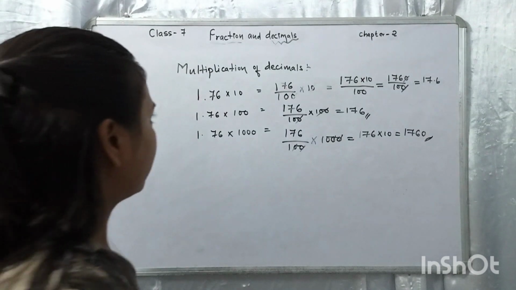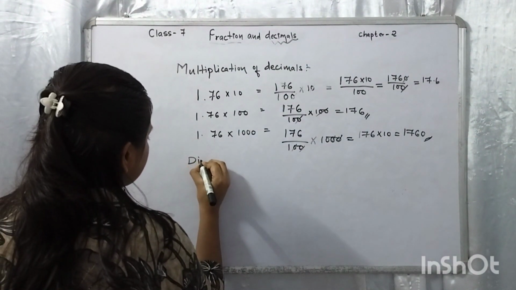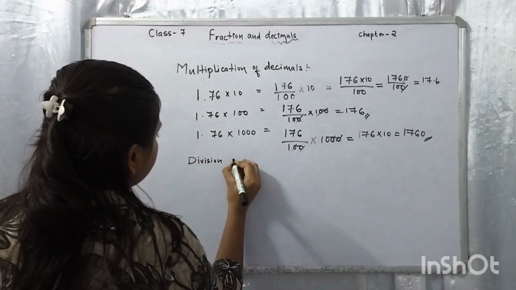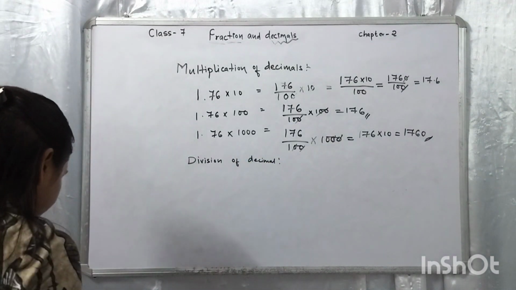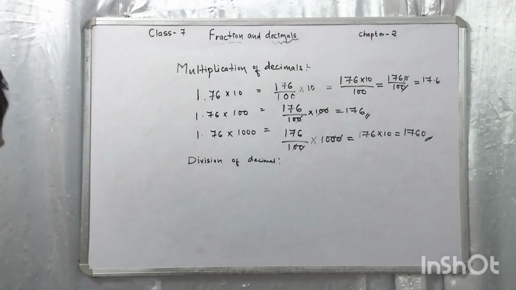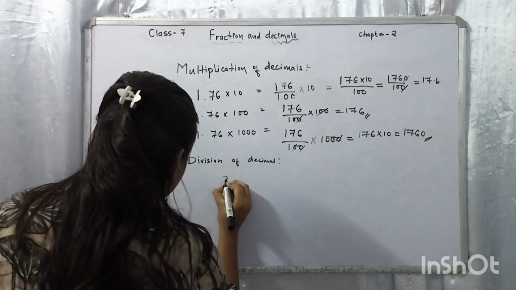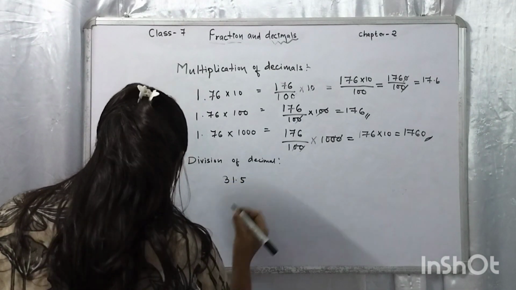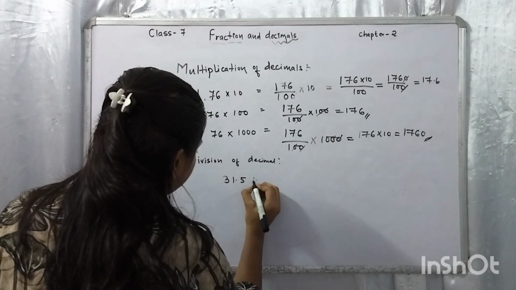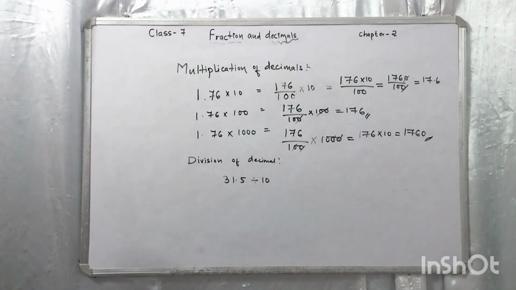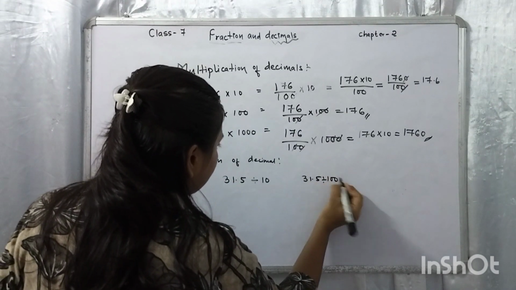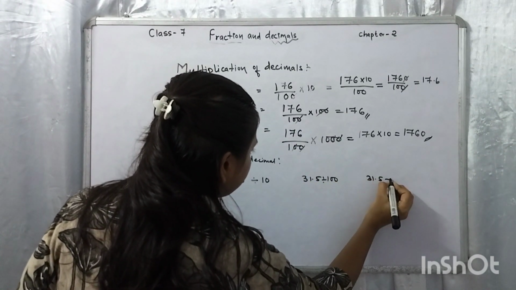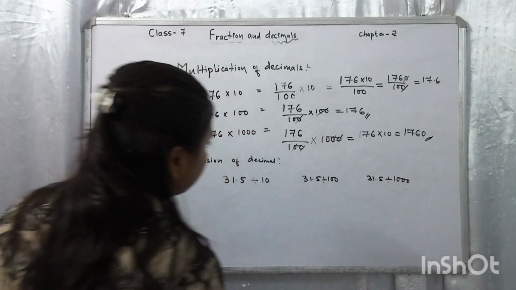Now moving forward to division. We studied how to multiply decimals. Now we will study how to divide decimals. So, division of decimals by 10, 100 and 1000. As I taught you earlier, if you have to divide 31.5 with 10, 31.5 with 100 and 31.5 with 1000, how will we do it?